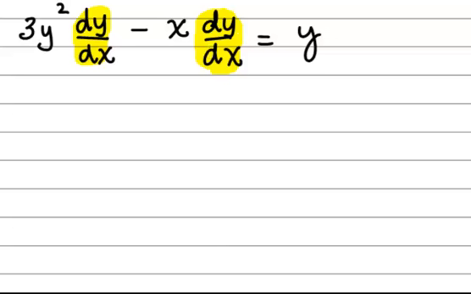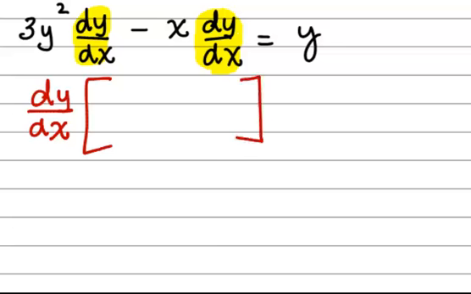So I have dy dx, and what I have remaining is 3y squared minus x, and on the other side I still have y.